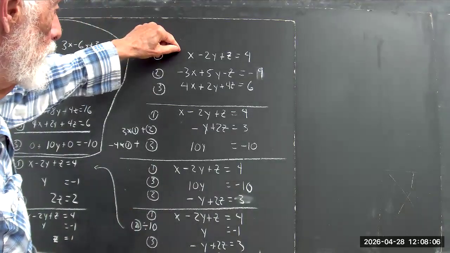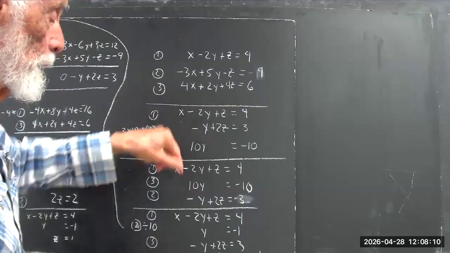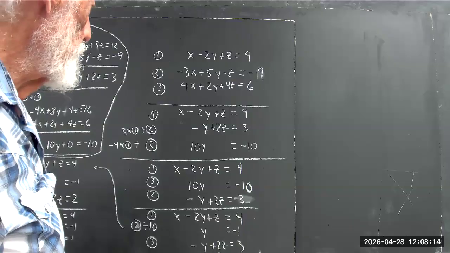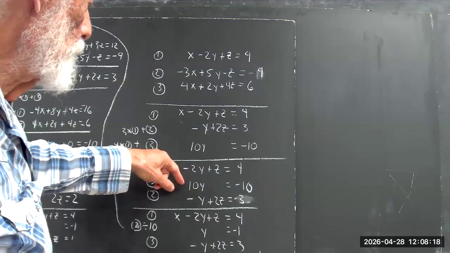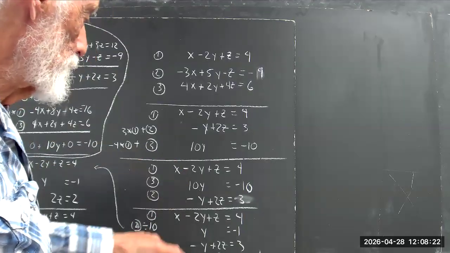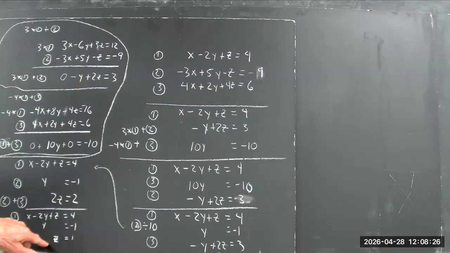Okay, we started by eliminating all the x's, which gave us blanks down below x. Then we eliminated y between the last 2 equations. We got this equation. Okay.